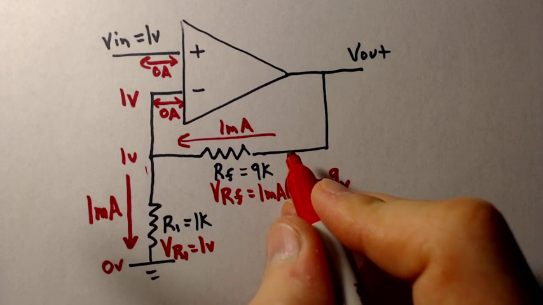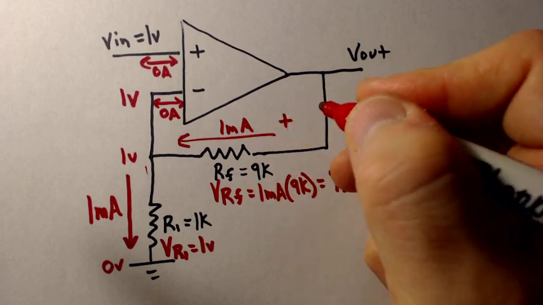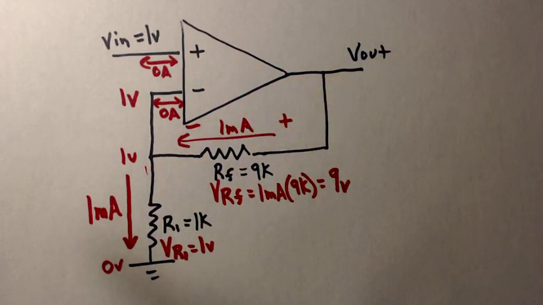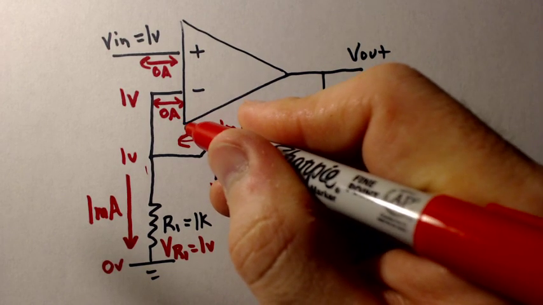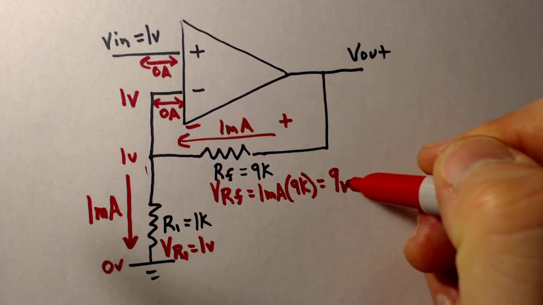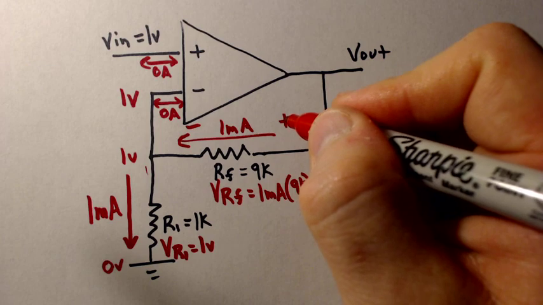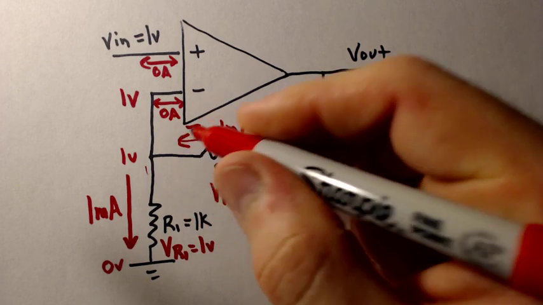Notice over here, the current is flowing from right to left. That means that this must be higher than this side. Has to be. Current always flows from a higher voltage to a lower voltage. By how much? By 9 volts. So this side must be 9 volts higher than this side. Well, what's this side?